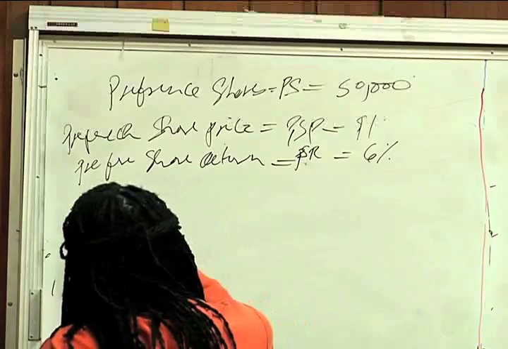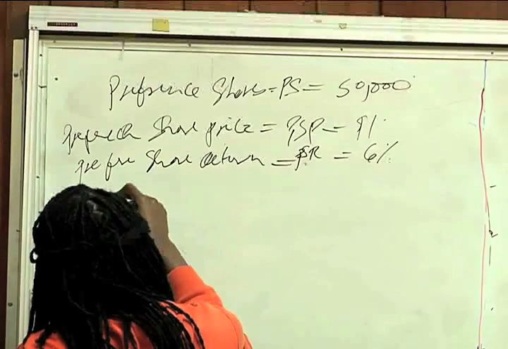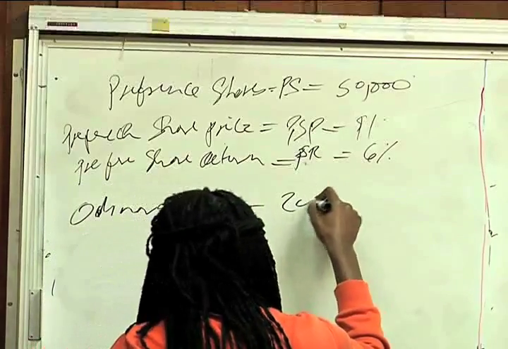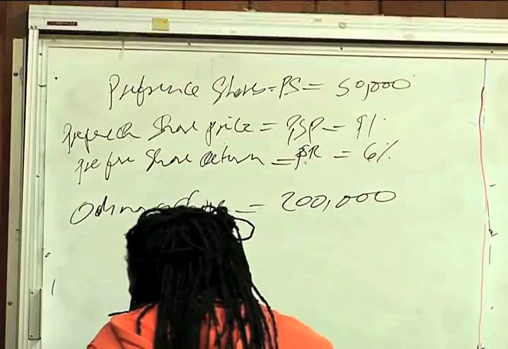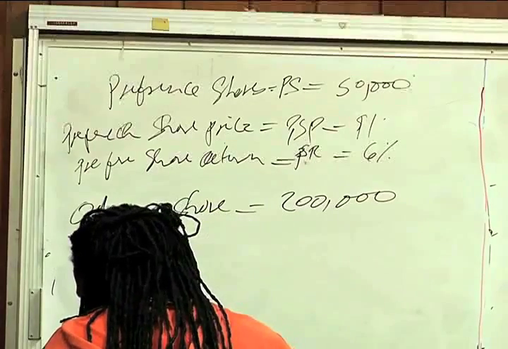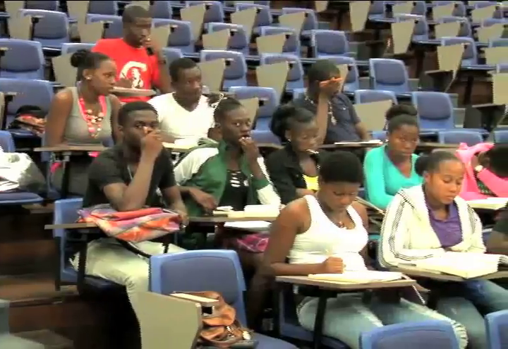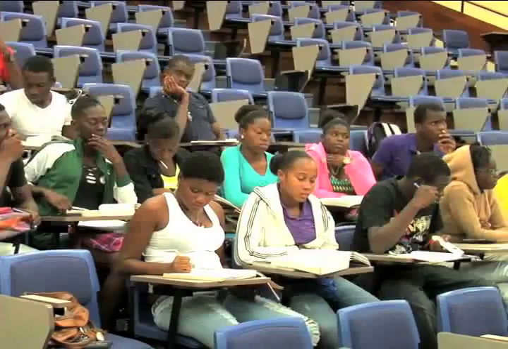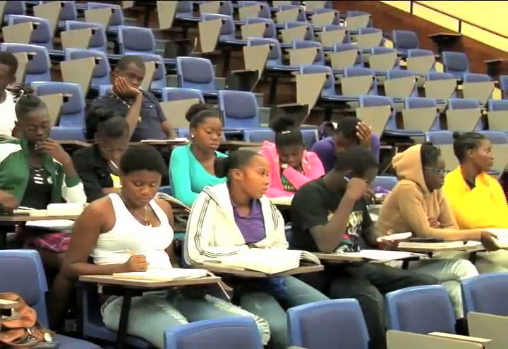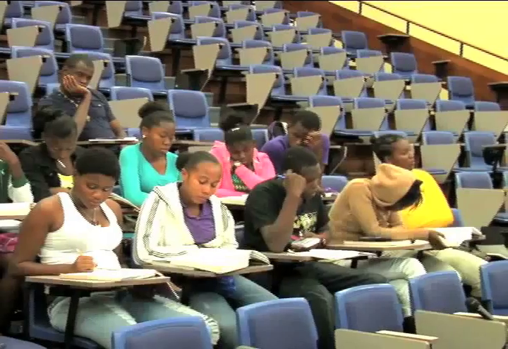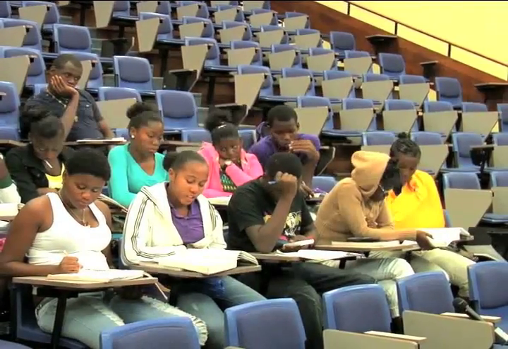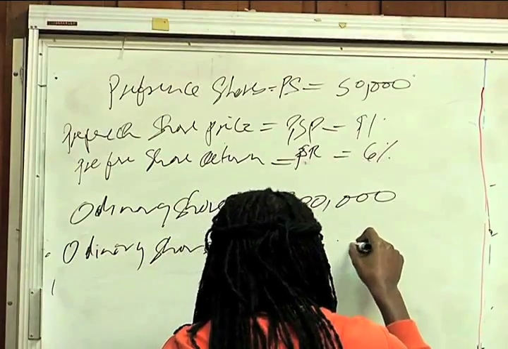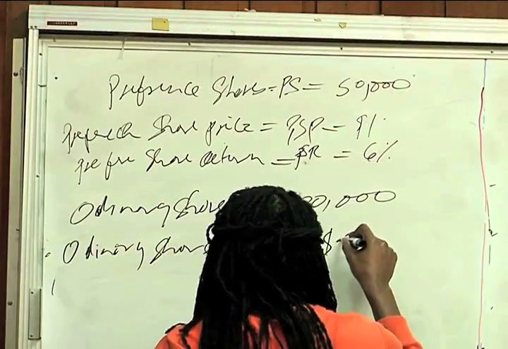We know that ordinary shares equal 200,000. Also, ordinary share price, OSP, equals 50 cents, 0.5 of a dollar.